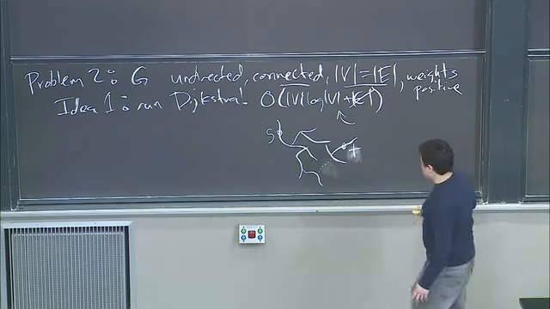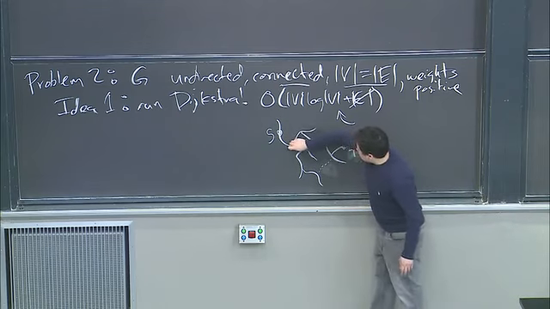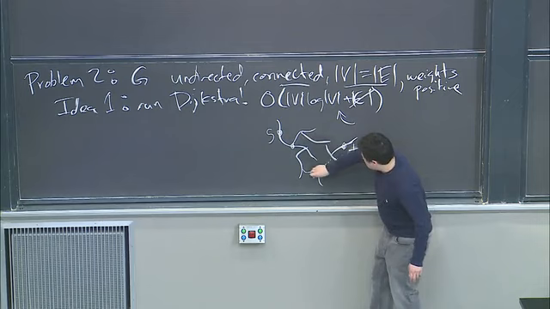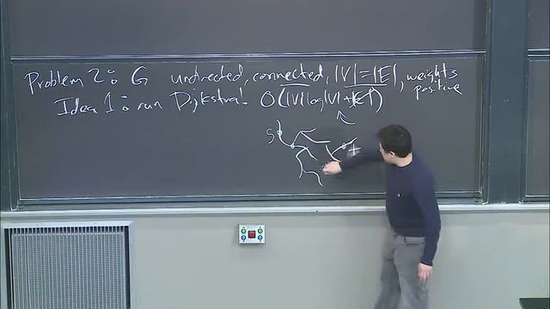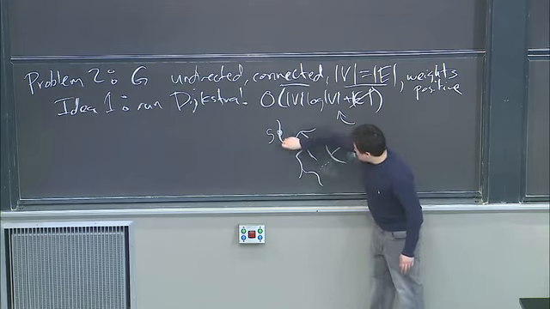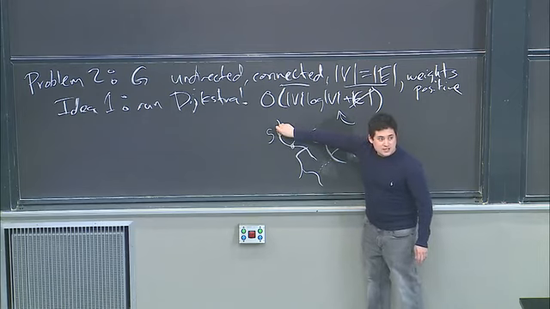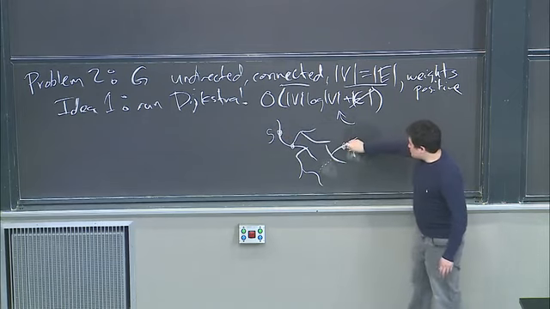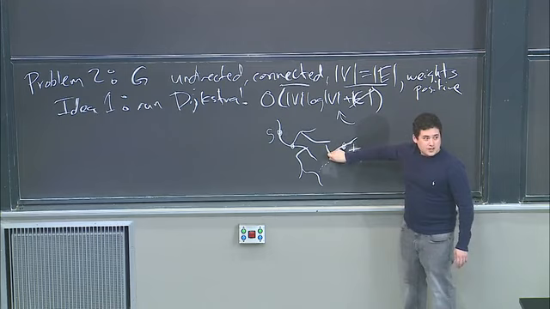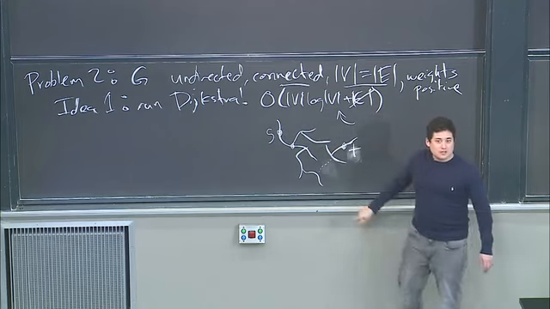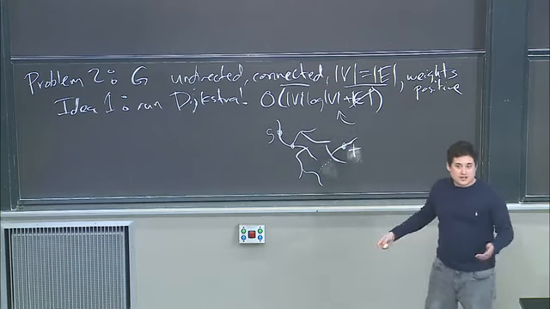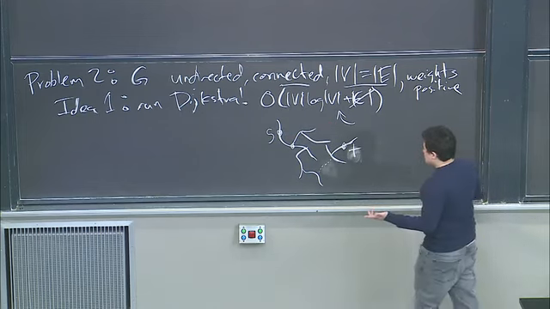That's the property, right? So this is the cycle, right? If this is the closest vertex to S, and this is the closest vertex to T on the cycle, then I could take either path around the cycle to get from one to the other, and that gives me my two paths.